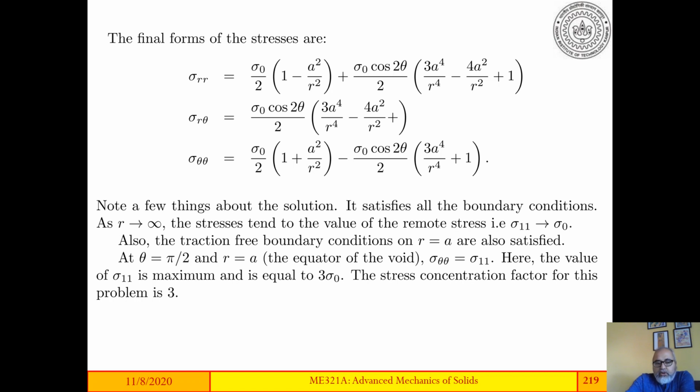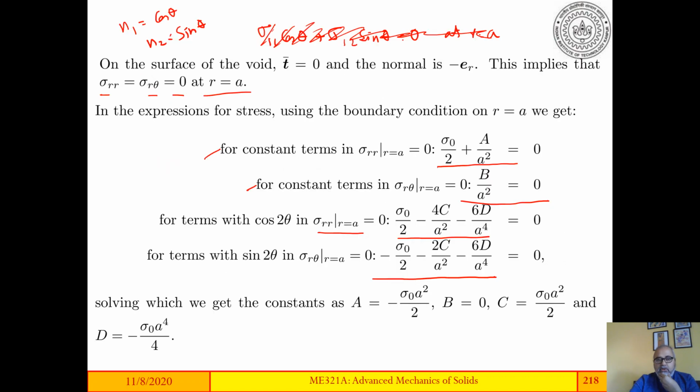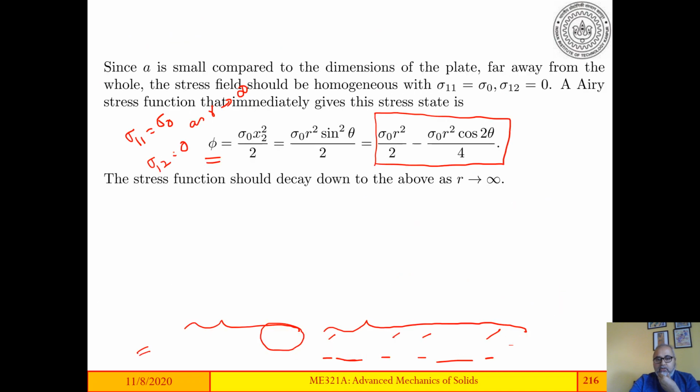So now what we are going to do is look at this. We know that far away from the hole, this sigma RR, sigma theta theta will tend to sigma 2 2, and this will tend to sigma 1 1.